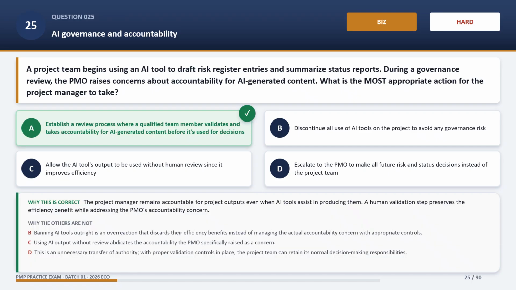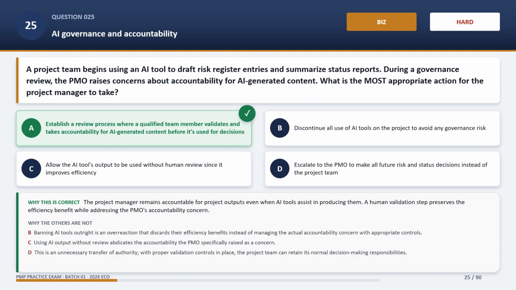The correct answer is A. Establish a review process where a qualified team member validates and takes accountability for AI-generated content before it's used for decisions. The project manager remains accountable for project outputs even when AI tools assist in producing them. A human validation step preserves the efficiency benefit while addressing the PMO's accountability concern.